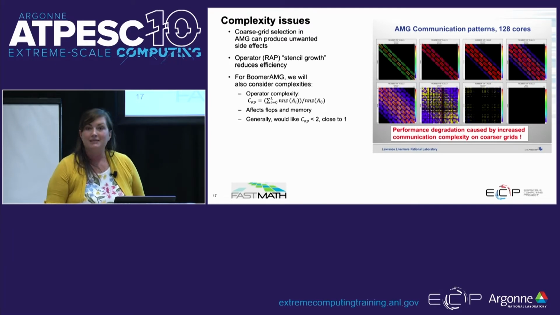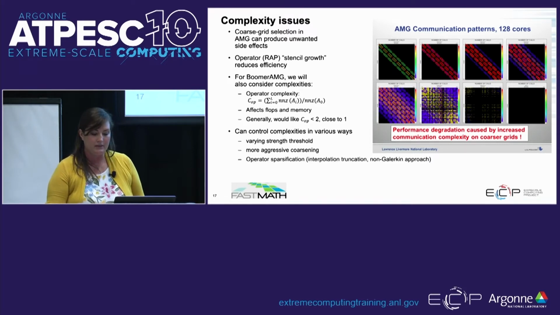We can assess this by considering the operator complexity. This is where we compute the number of non-zeros across all of our levels in our multigrid hierarchy divided by the number of non-zeros in our fine level. Ideally, we want this to be less than 2 and close to 1, as this is going to affect our flop count and memory. We can control this complexity in a few ways.